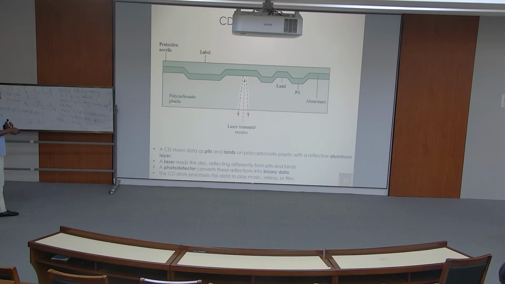And we have a laser which is there to read the disk, and it reflects differently from the pits and the lands. We also have a photodetector which converts this reflection into binary information, into binary data. So this is the CD operation.